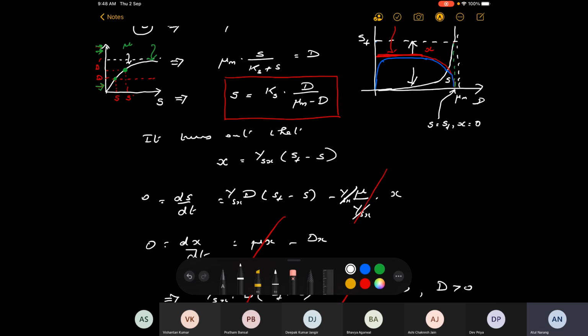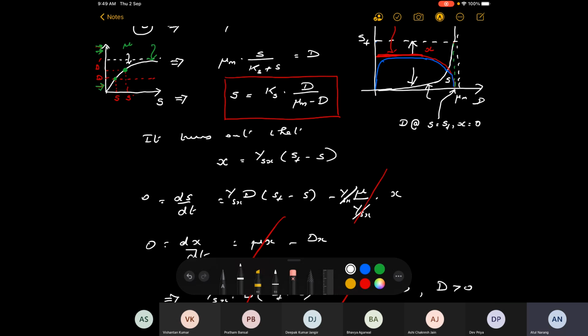What is the value of D, of that D? I mean, based on what I have just said, I just told you one way to view it is, did you understand that this graph here is nothing but mu plotted as a function of S as you view it on the y-axis?